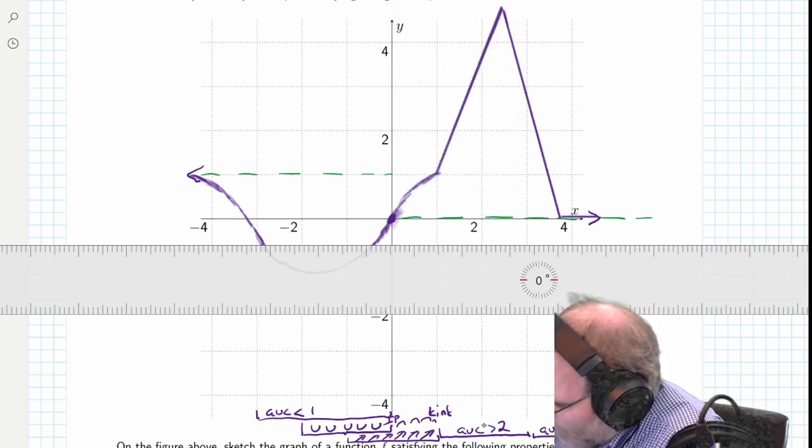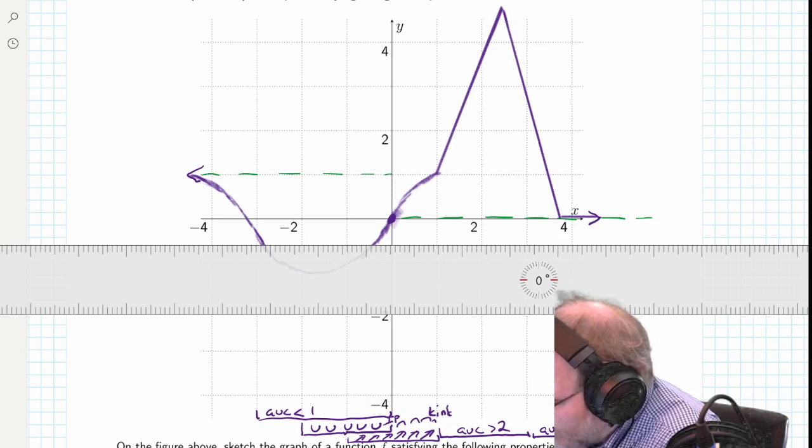Now, have I acquired the requisite area? I need 2 area from here to here. There it is.